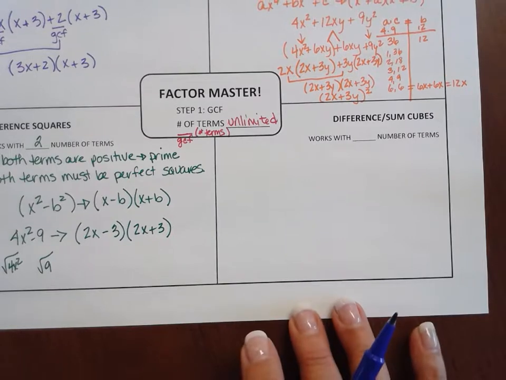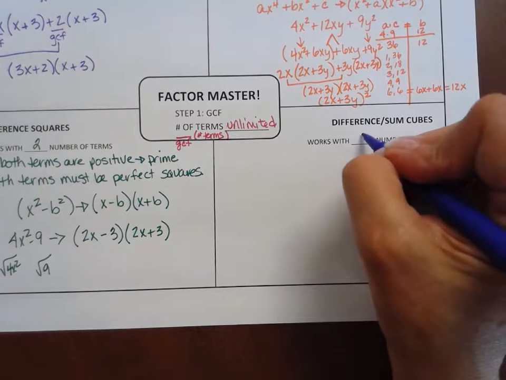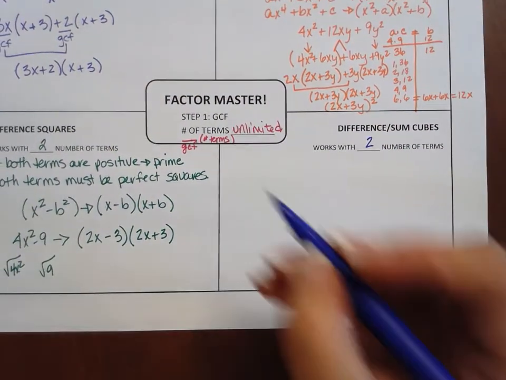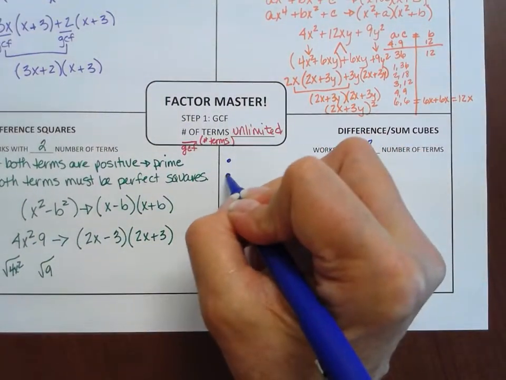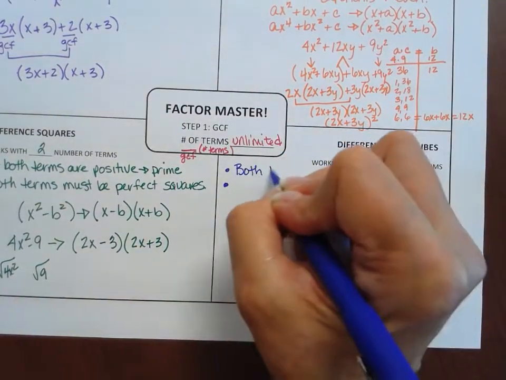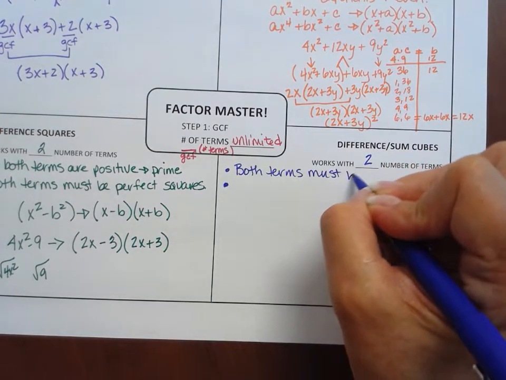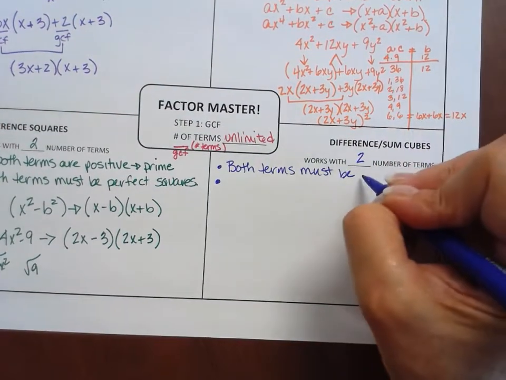All right, last one. Difference or sum of cubes. How many terms does it have to be? 2. Perfect. And we have 2 rules. Both terms must be what? Both terms must be cubes.